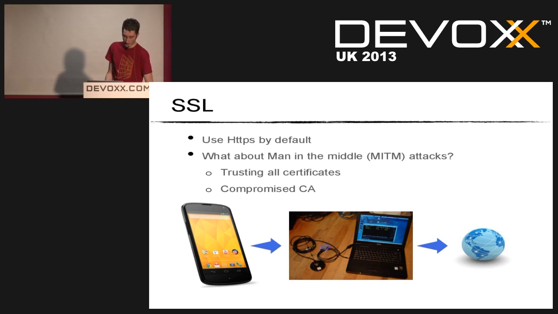And the other thing as well is the certificate authority could have been compromised. We had a couple of those in 2011, and so how can you get around this and reduce that trust in certificate authorities?